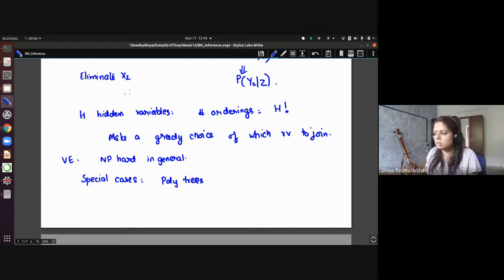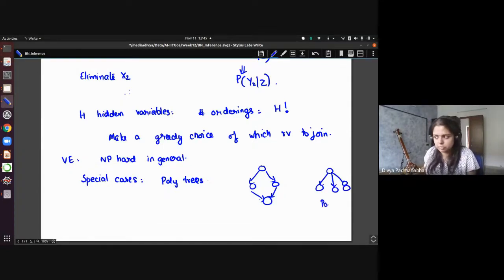Maybe something like this. This is not a polytree because, if you take it as an undirected graph, there's a cycle. But something like this, with our usual notion of trees, is a polytree.